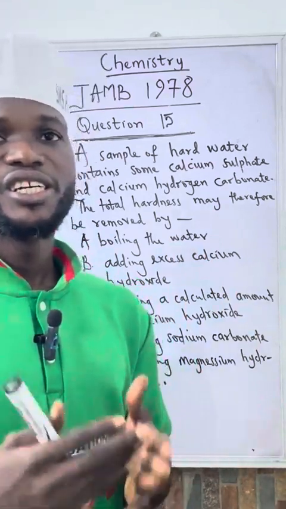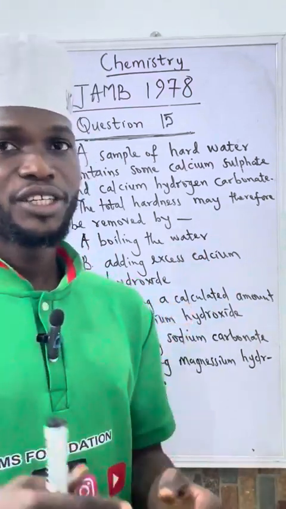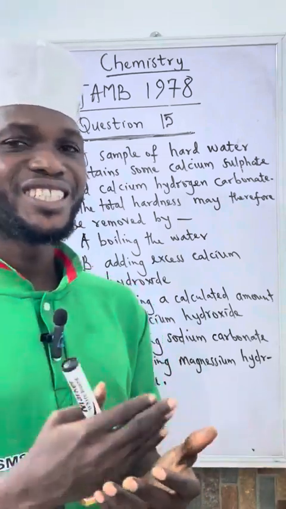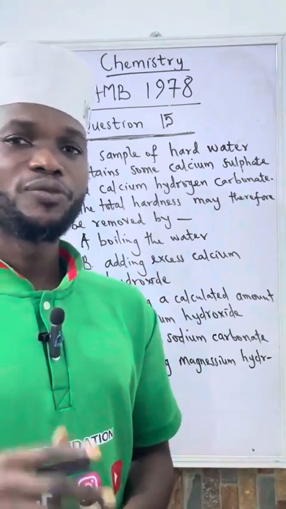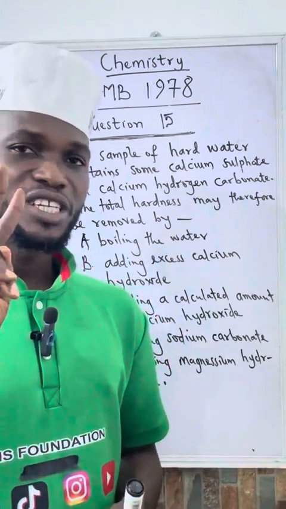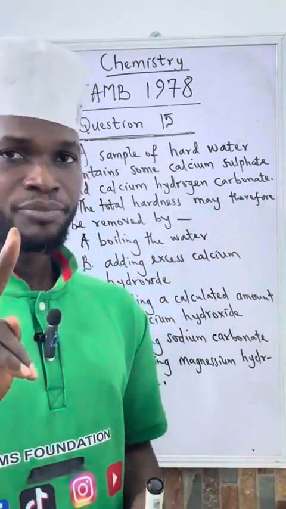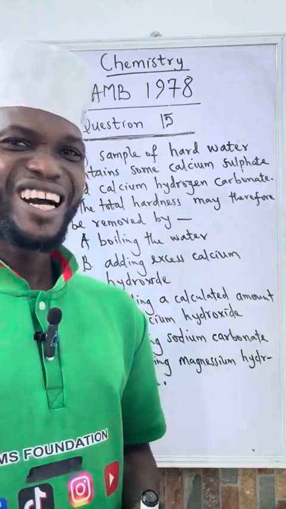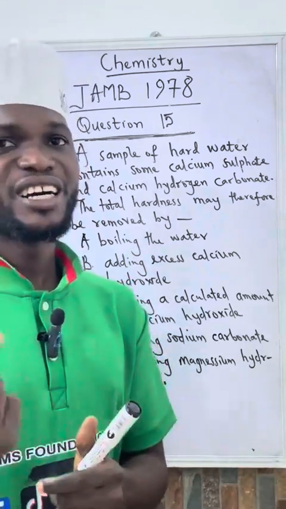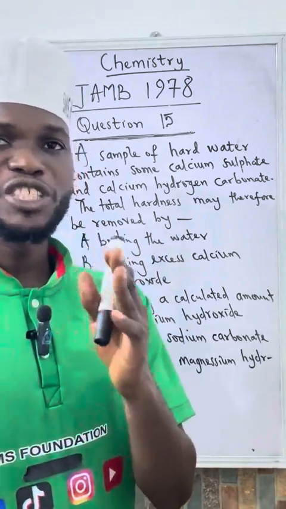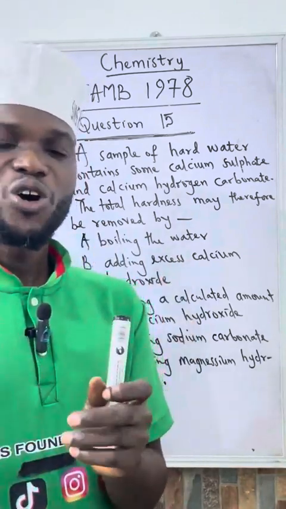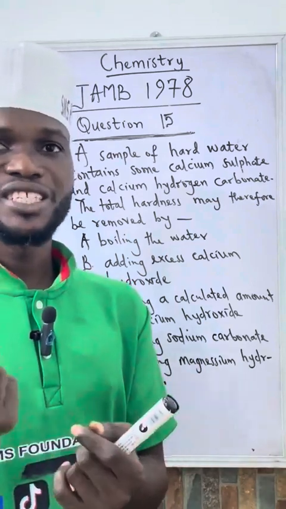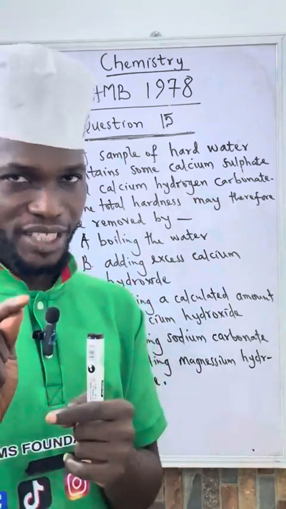When you study water, you come across what we call hardness of water. We have two types of hardness of water: the temporary hardness and the permanent hardness. Both always occur due to the presence of certain compounds inside the water.